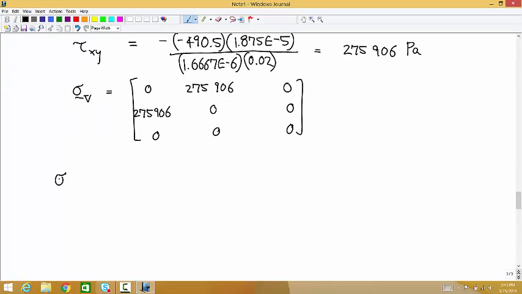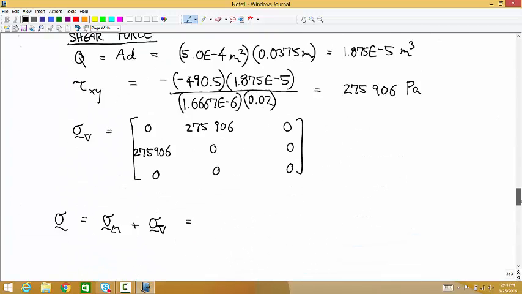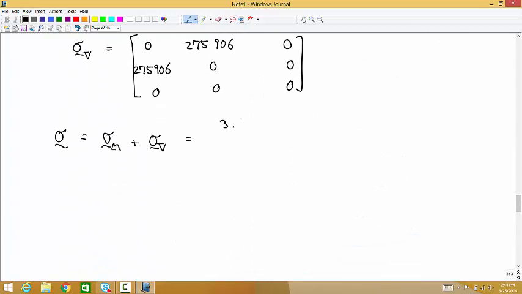So the total you get from adding those two up, and that is 3.68 times 10 to the 6th, and then I'll call this one 0.276 times 10 to the 6th, 0.276 times 10 to the 6th.